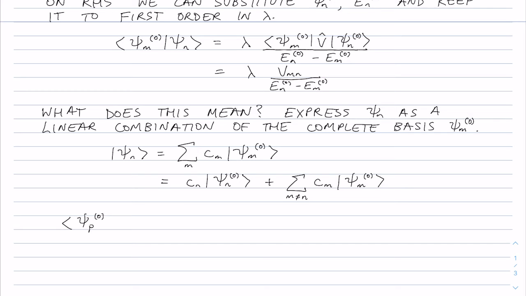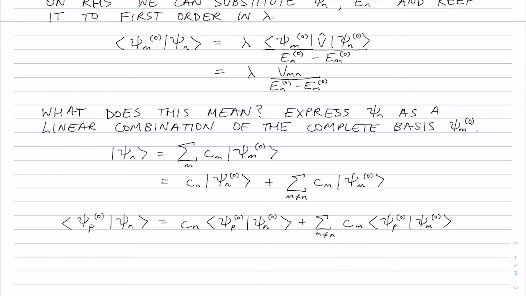Psi n equals Cn psi p 0 psi n 0 plus the sum over m not equal to n of Cm psi p 0 psi m 0.